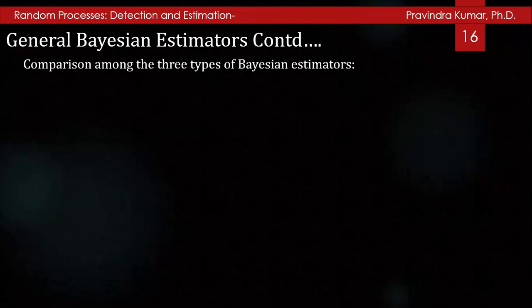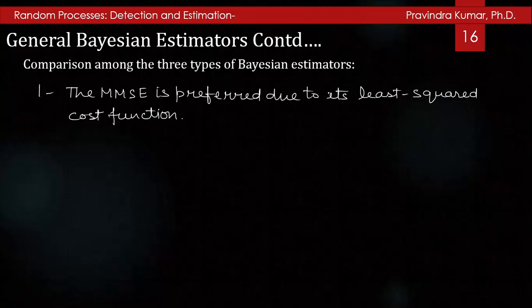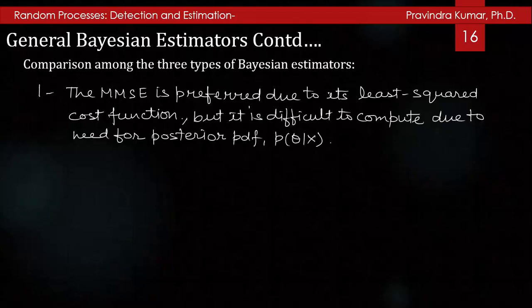Now the comparison among the three different types of Bayesian estimator. The MMSE is preferred due to its least square cost function, but it is difficult to derive and compute due to the need to find the expression for the posteriori PDF p theta given x in order to integrate p theta given x dx.